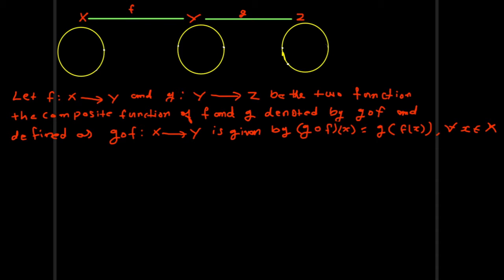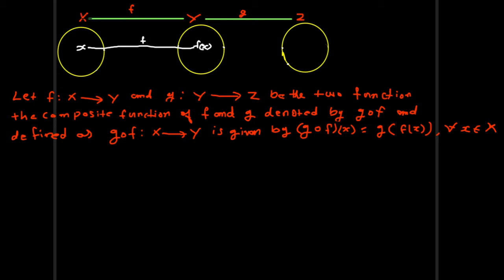That means here you take x, so this x is mapping to y. That means this becomes f of x. Okay, so x is mapping to f of x, this f.